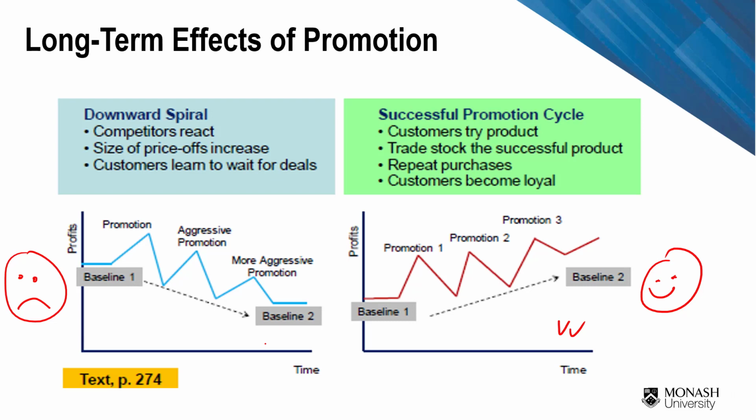Now, this is actually a good case because I just talked to a couple of market research firms, and they asked, guess what proportion of Australians' groceries are bought on promotion. I was surprised.